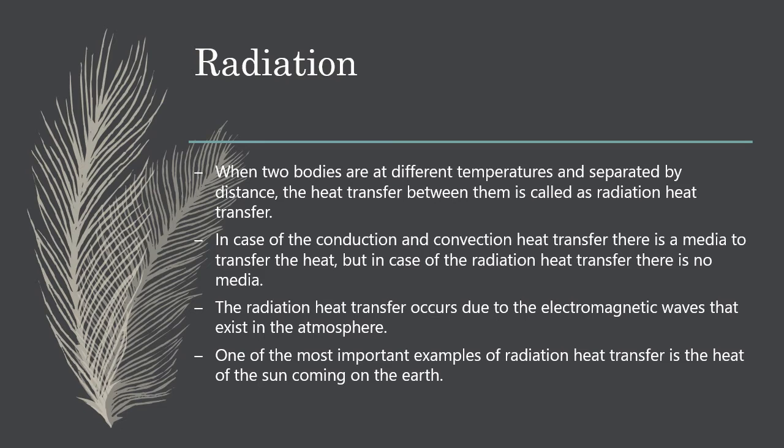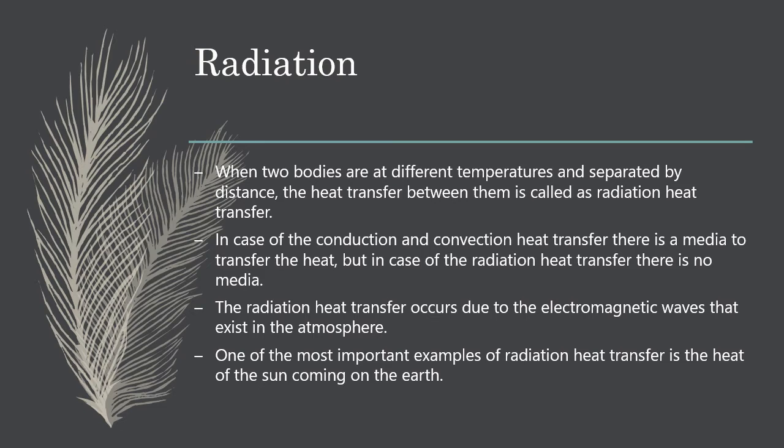And then radiation. What is radiation? When two bodies are at different temperatures and separated by distance, the heat transfer between them is called radiation heat transfer. In case of conduction and convection heat transfer, there is a medium to transfer the heat, which may be a solid, a liquid, or a gas.